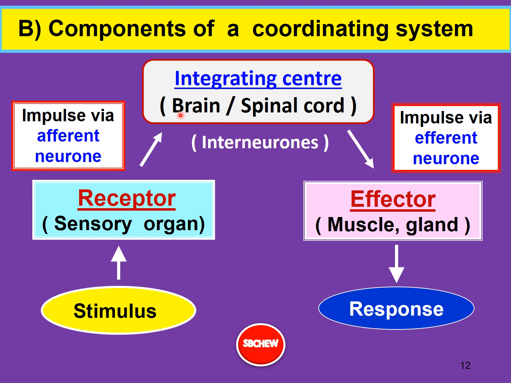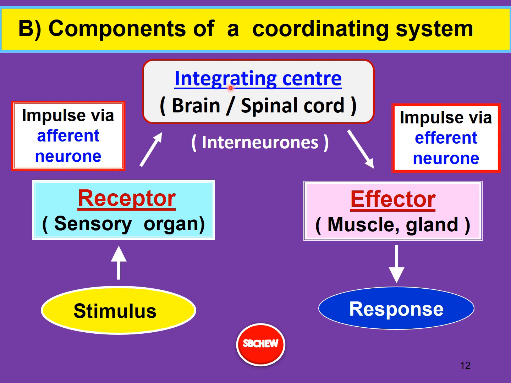Normally it's the brain. So the brain will interpret all the information coming in, that the person is feeling hot and that there's a lot of heat around. So the brain may decide to send an impulse to certain effectors to reduce the temperature.